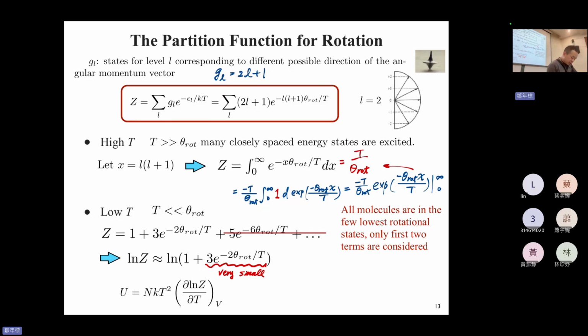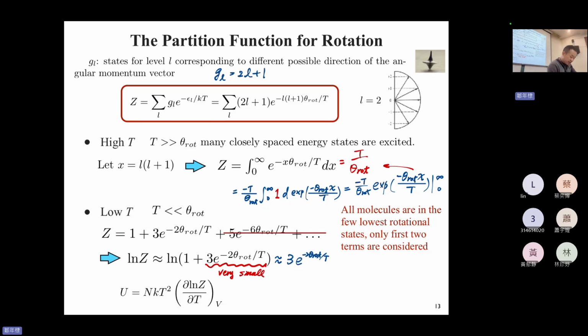So now you see natural log z, natural log of 1 plus 3 exponential minus 2 theta rotate over T, becomes approximately 3 exponential minus 2 theta rotate over T. Why? Because remember, natural log 1 plus x is approximately equal to x when x is much less than 1, right?